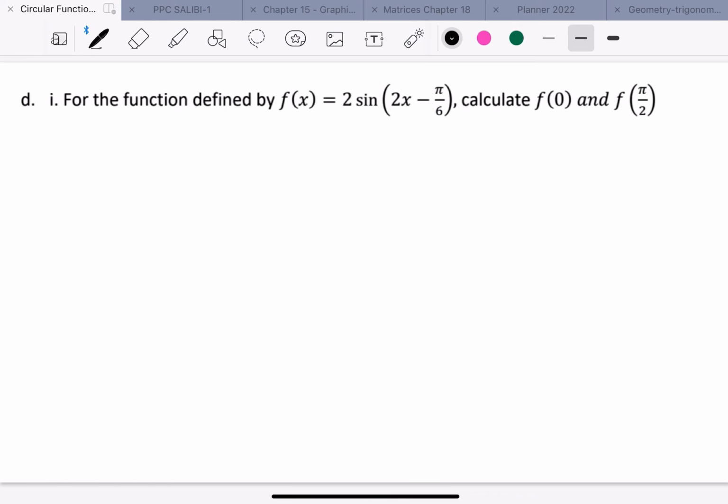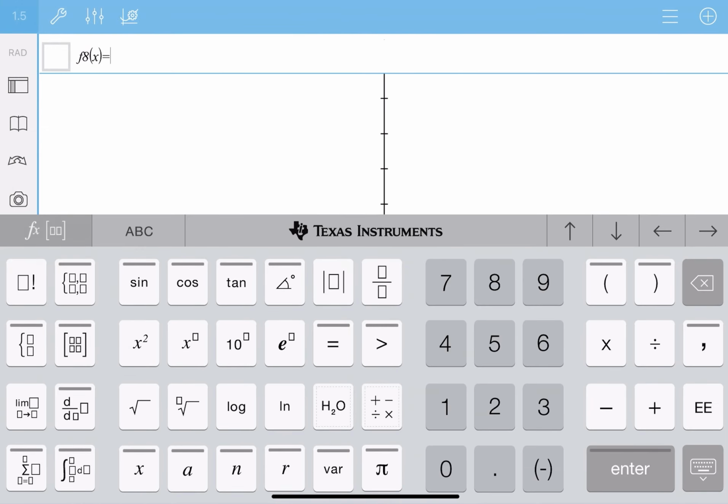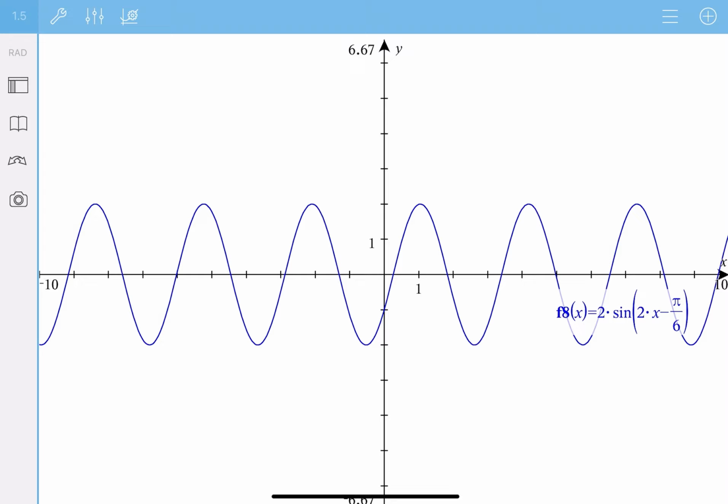Part D, we've got a new function now. For the function defined by f of x is equal to this, calculate f of 0 and f of pi on 2. So I'm going to just substitute these values in. I might just define the function just in case we need to use it a little bit more in a moment. So I can just define it here. Okay, so that's now defined as f of x when I press enter.